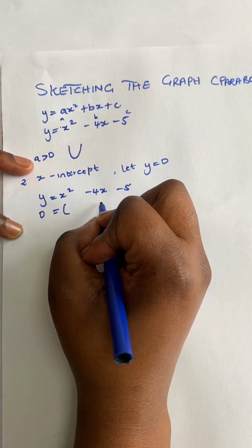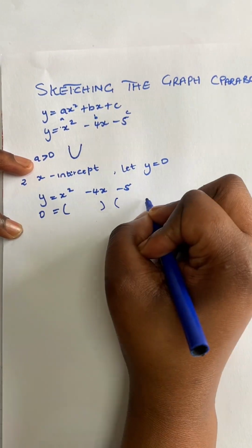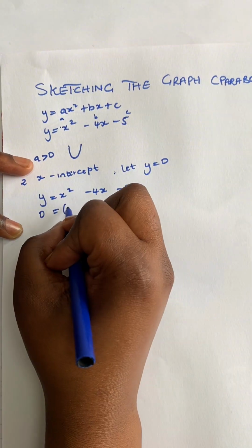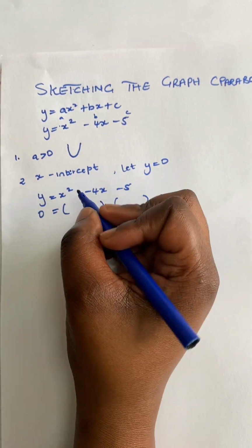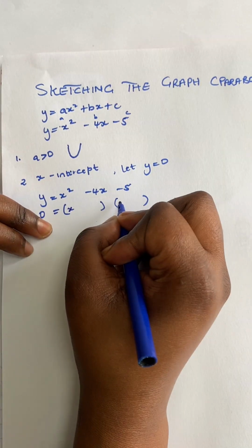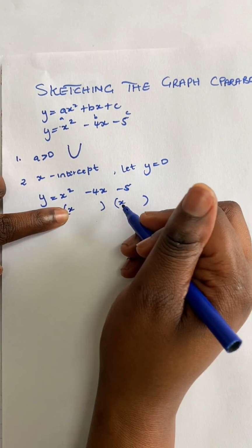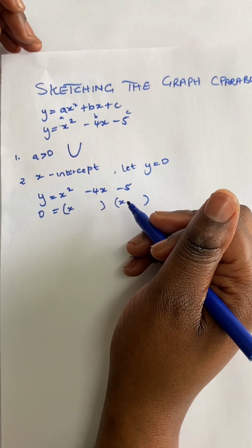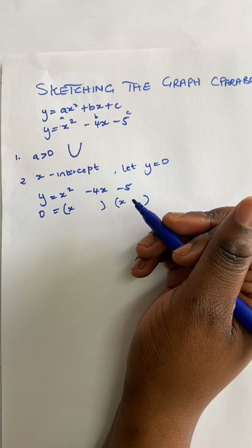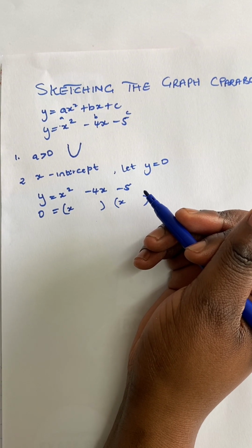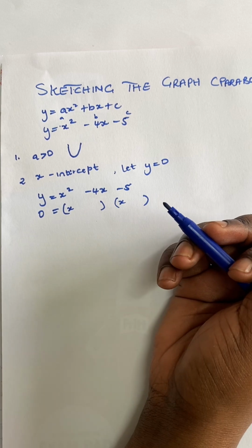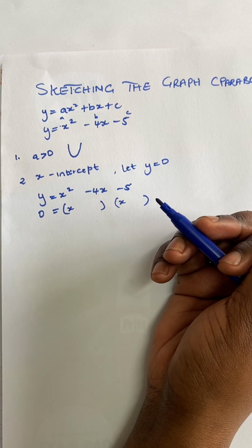So you open 2 brackets. If your a is positive, you should put your x's here. x times x gives you x squared, and then you go to the last term. The last term is negative 5.